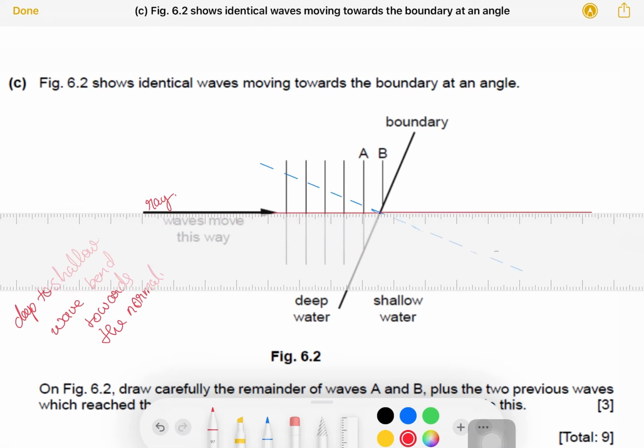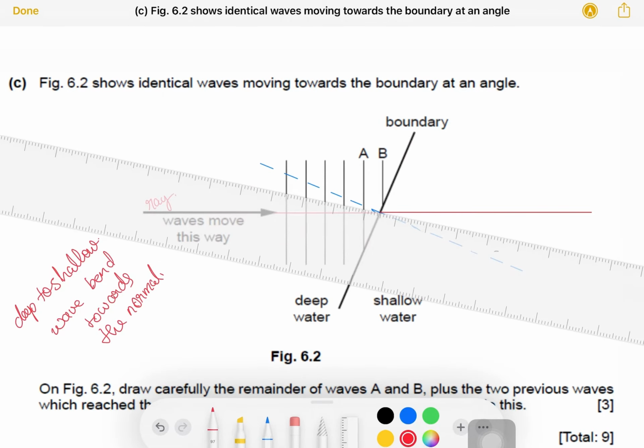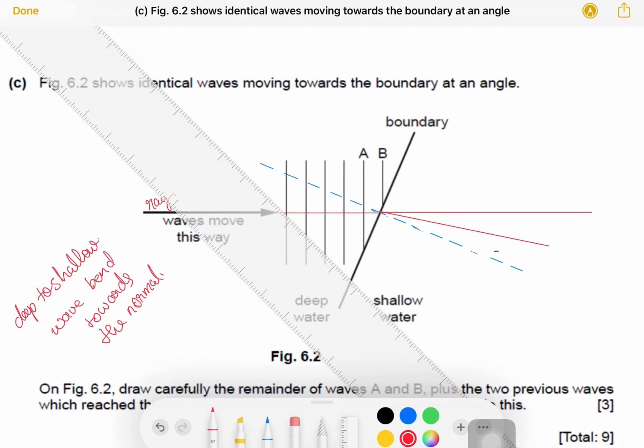This is what we expect if the wave moves in a straight line, but because it is traveling from deep to shallow, it is bending towards the normal. So we have to draw any line which is lower than the expected line.